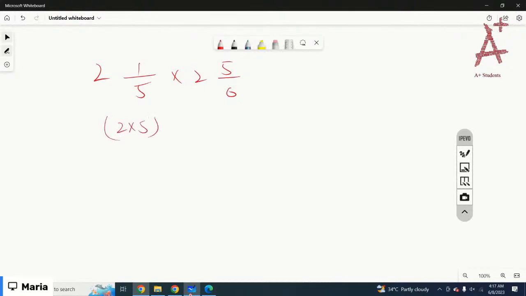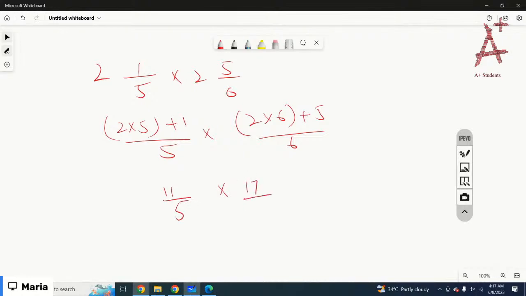It would be 2 times 5 plus 1 over 5, and you have to do 2 times 6 plus 5 over 6. Got it? It would be 2 times 5 is 10 and plus 1, 11 over 5, and 2 times 6 is 12 and plus 5, 17 over 6. Got it?